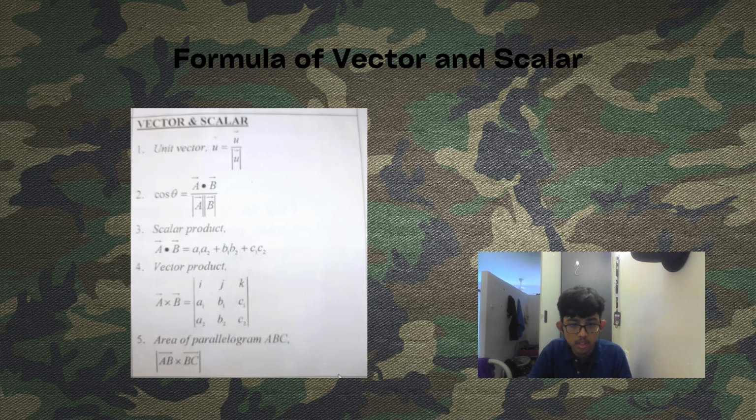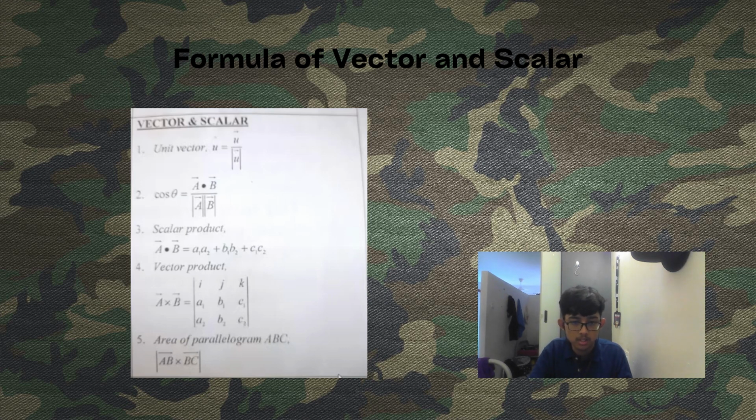For the third formula, we use the scalar product, which is vector a dot vector b equals a1 a2 plus b1 b2 plus c1 c2. For the fourth formula, we use the vector product.